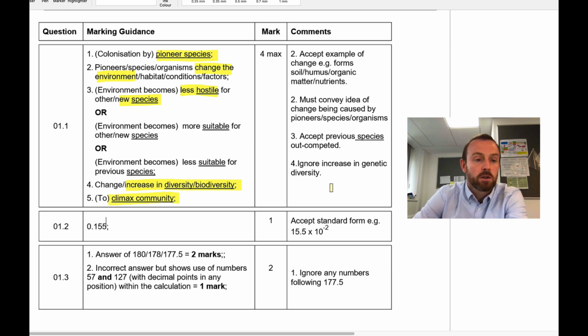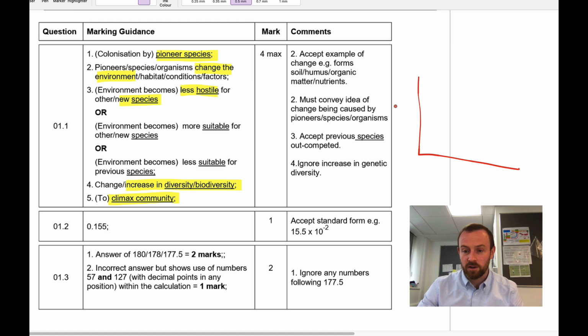Be aware that sometimes, depending on the type of question, you may get questions that ask you to describe the changes in biodiversity. In some questions, you'd probably be presented with data, some sort of graph that looks a bit like this, with biodiversity on the y-axis and time on the x-axis.